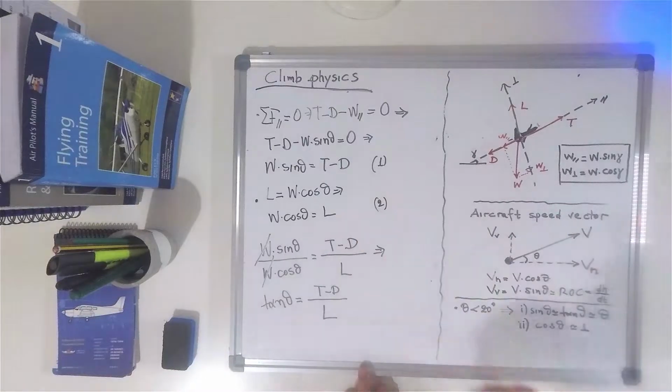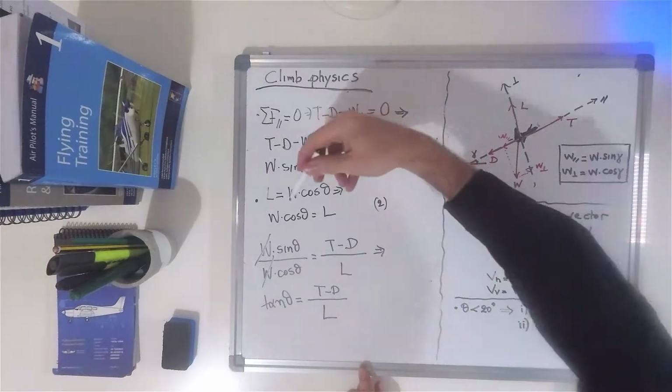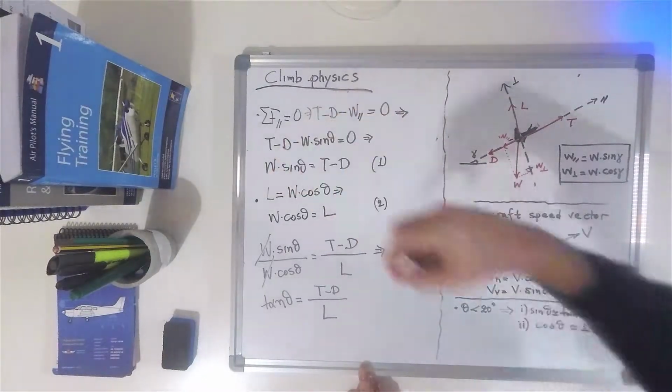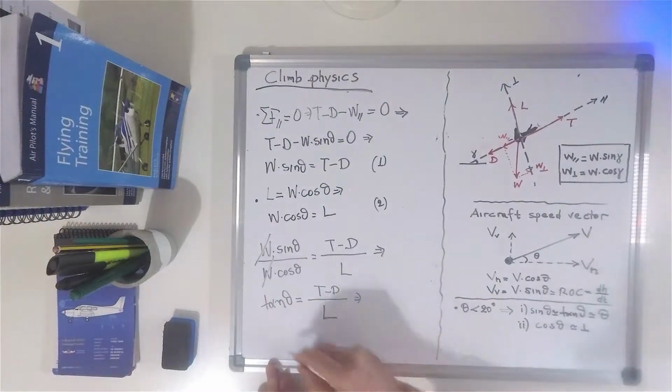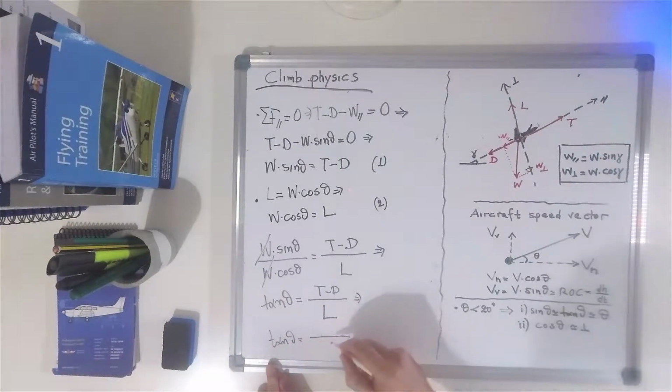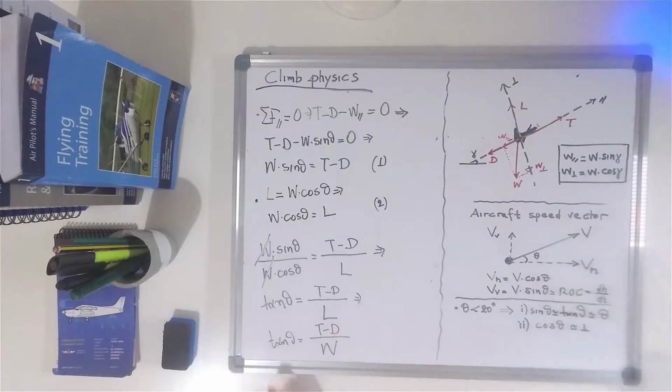So from the second relationship, the lift is almost equal to weight, so we can rewrite the final form: the tangent of the angle of climb is thrust minus drag divided by the weight.